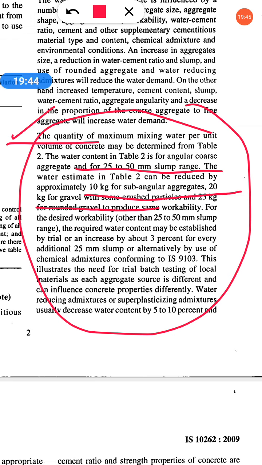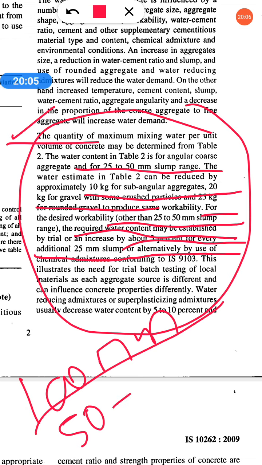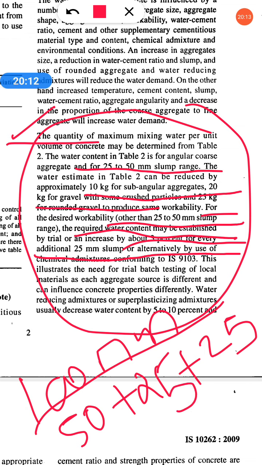See, for the desired workability other than 25 to 50 mm, the required water content may be established by an increase of about 3% for every additional 25 mm slump. So in our question it is given 100 mm. So after 50, how will you achieve 100? Plus 25, plus 25, correct?